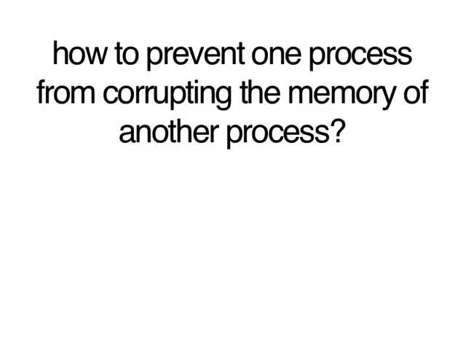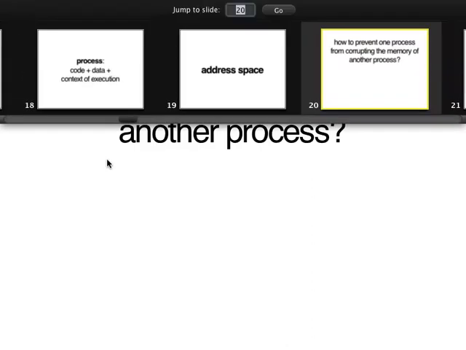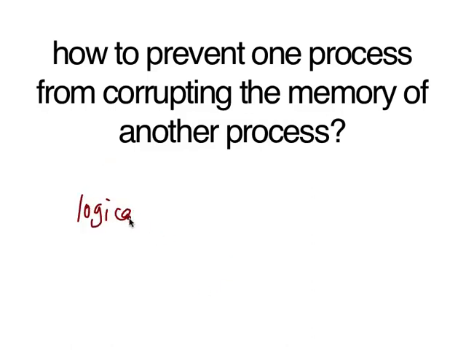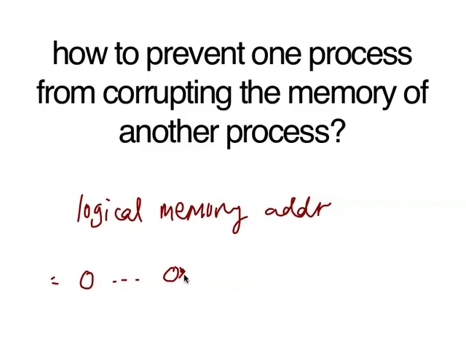What the operating system provides to a process is a logical address instead. So you provide a logical memory address to all the processes, and the logical memory address would start from, let's say, 0 up to the size of the memory that is allocated to a process.